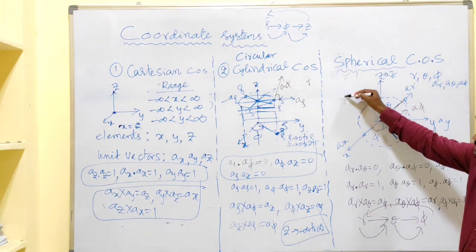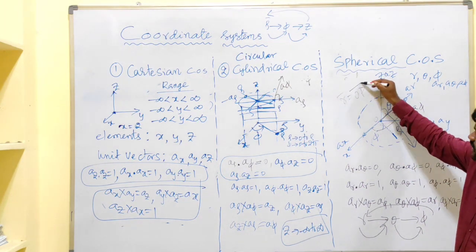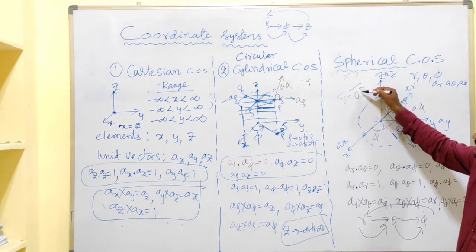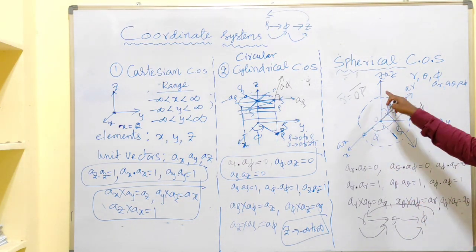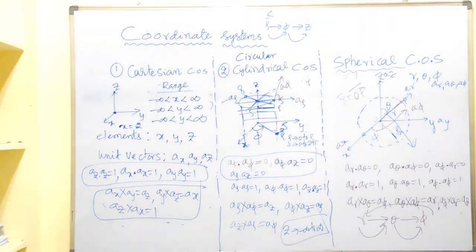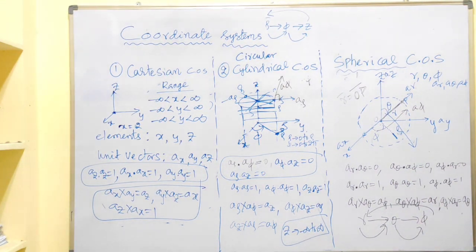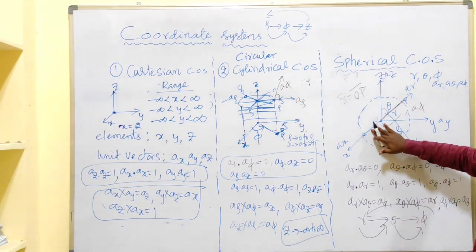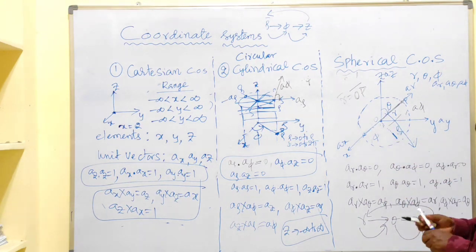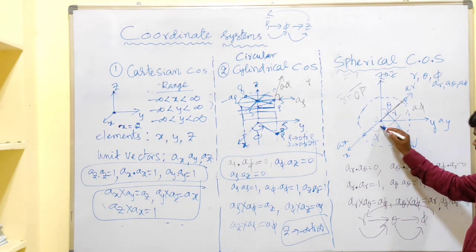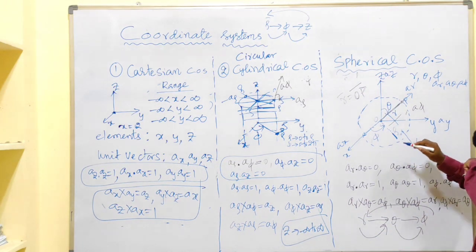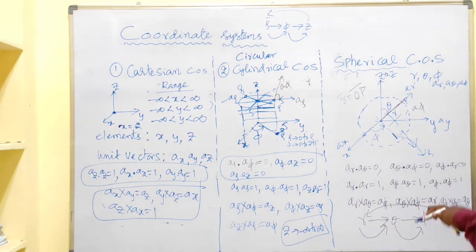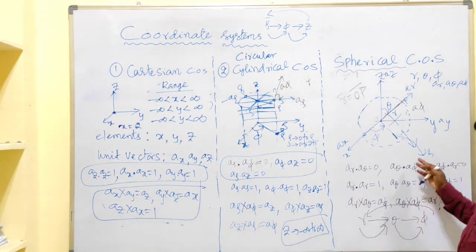R bar is the position vector OP bar, like this. And if you see theta, theta is the angle between the z axis and the position vector of point P. Now what about this pi? Pi is the angle made by this rho, some projected component, let us say rho only.